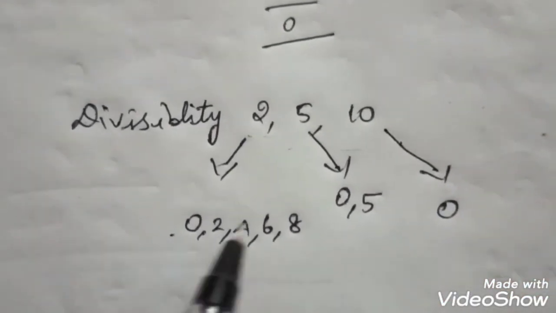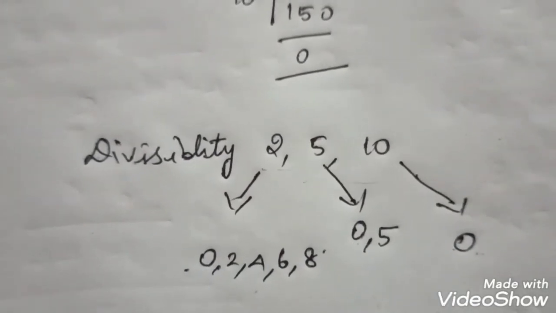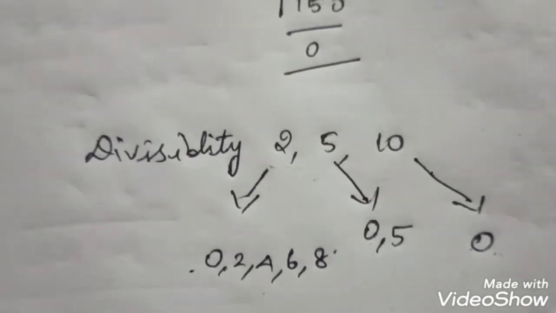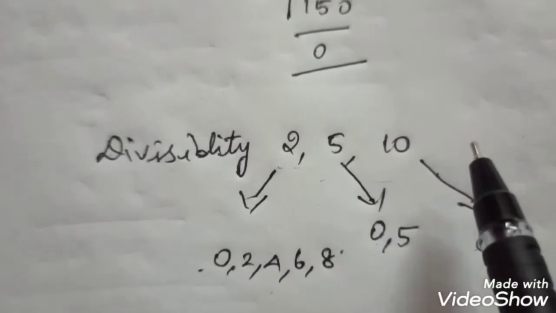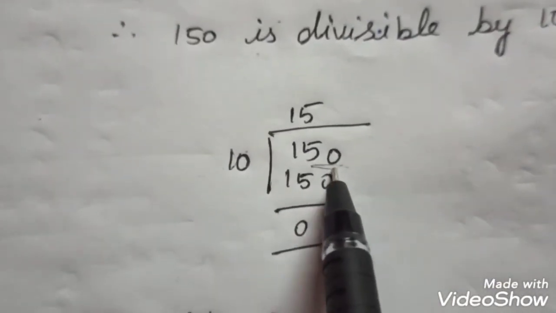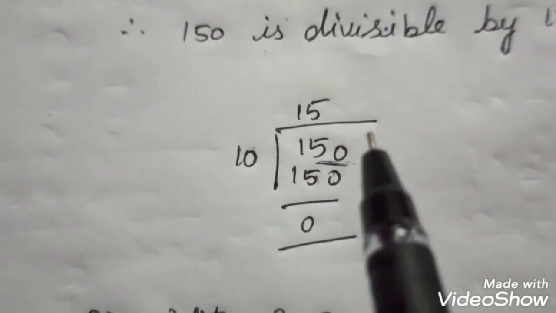So 0 is common for these three divisibility rules. Any number that ends with 0 is compulsorily divisible by 2, 5 and 10. For example, 150 ends with 0, so it is divisible by 2, by 5 and by 10.